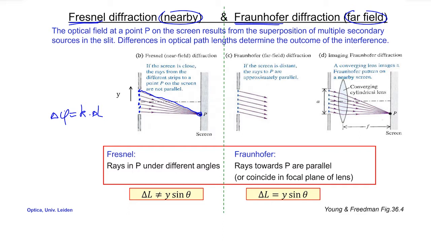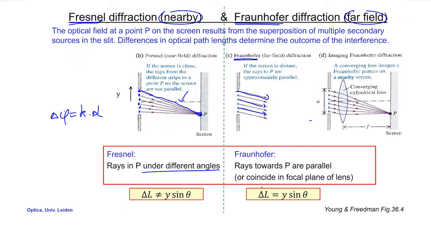In the Fresnel regime, you need the law of Pythagoras to calculate these path length differences, and the situation is somewhat complicated because rays are emitted under different angles. In the Fraunhofer far field regime that we'll consider during most of these slides, the situation is easier because if the detection point is very far away, the rays emitted by the secondary sources within the slit are all more or less parallel.